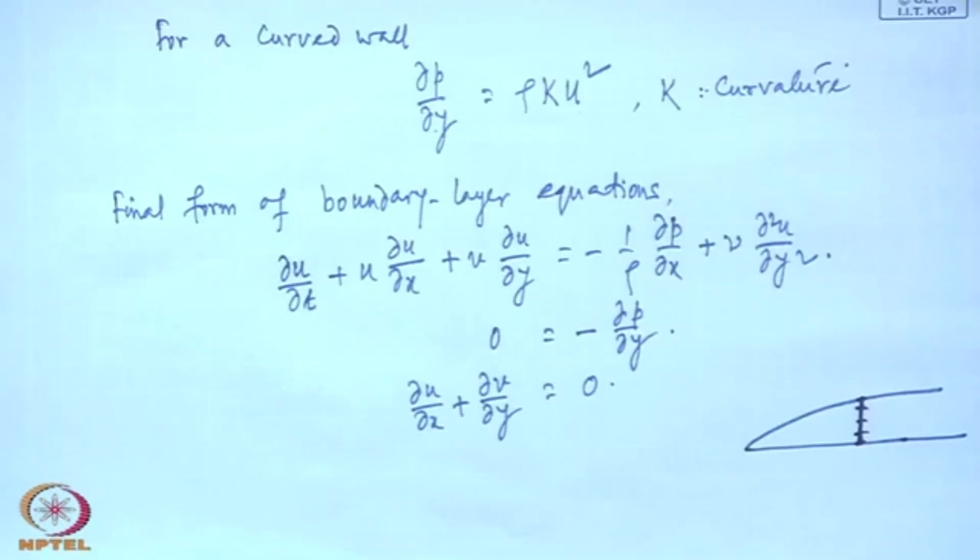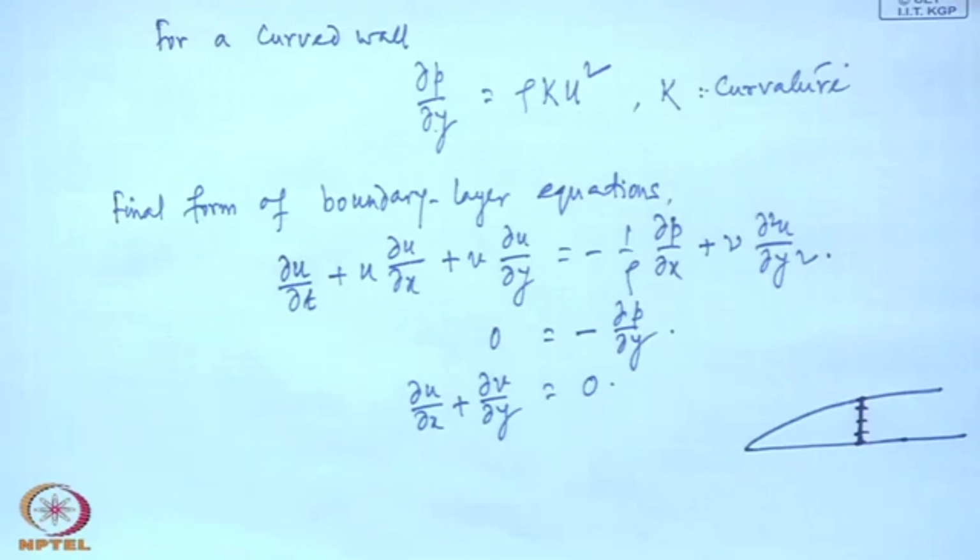As you move to the wall from the edge of the boundary layer, what happens to the total pressure? This is a very simple question. It decreases. In an inviscid flow, the total pressure is P plus half rho u square. P is constant and u we know is decreasing as you move to the wall. So, half rho u square is decreasing.